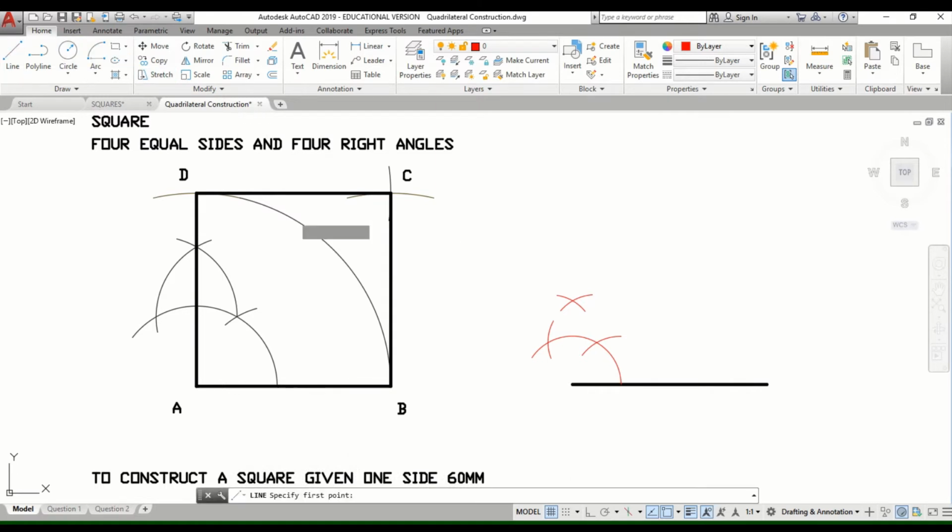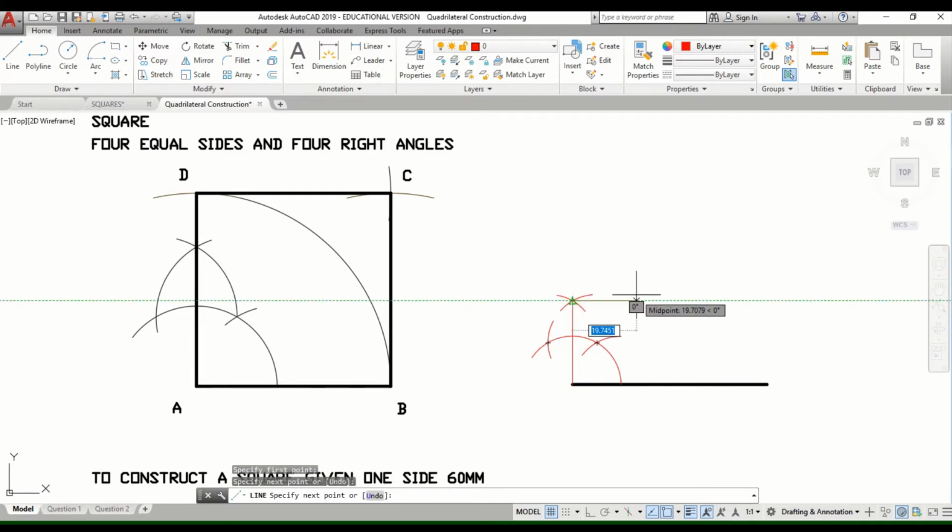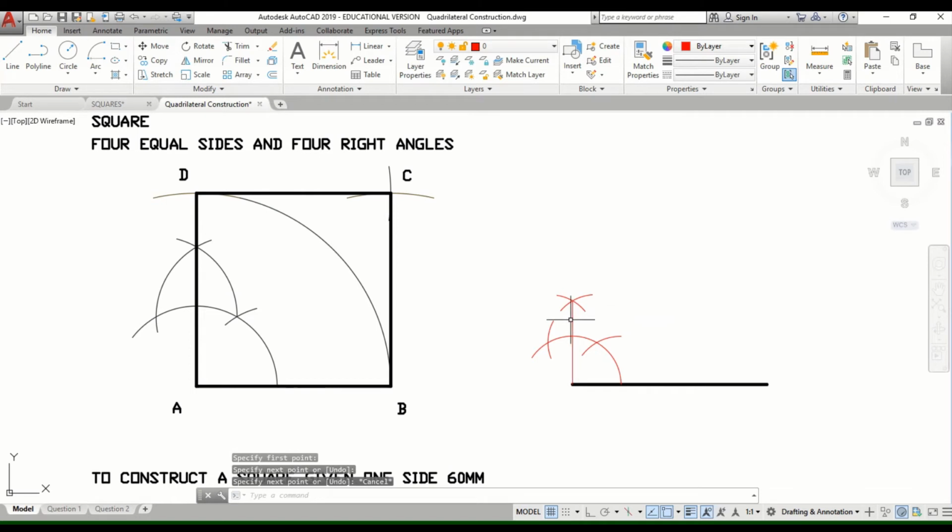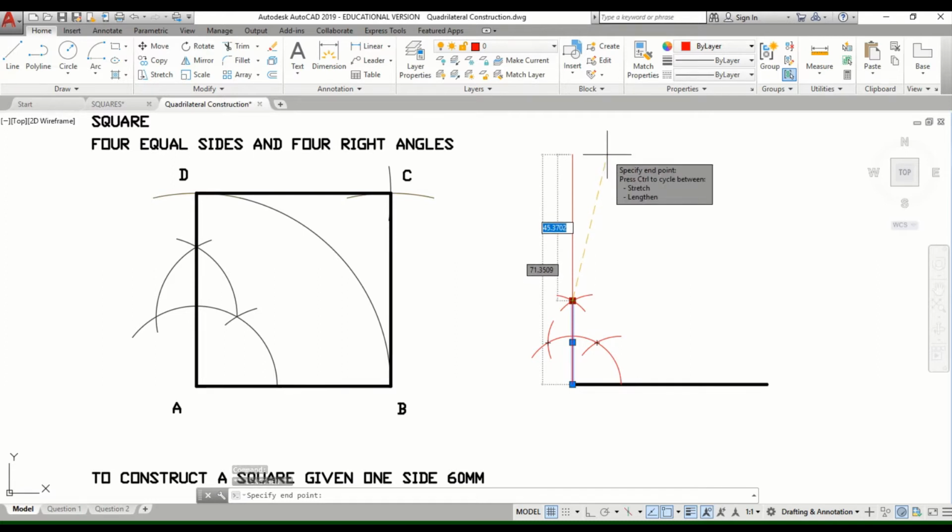We draw a line from our start point, passing through our intersecting arcs, and that will be 90 degrees. What we would also do, by going to the top node, we get stretch or lengthen, we will lengthen it at an arbitrary length at this point in time.